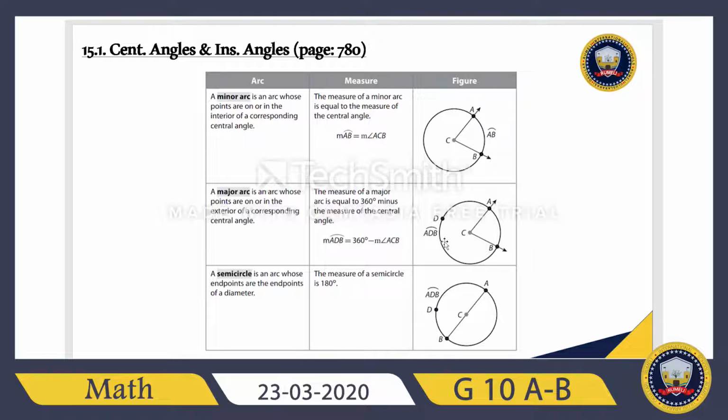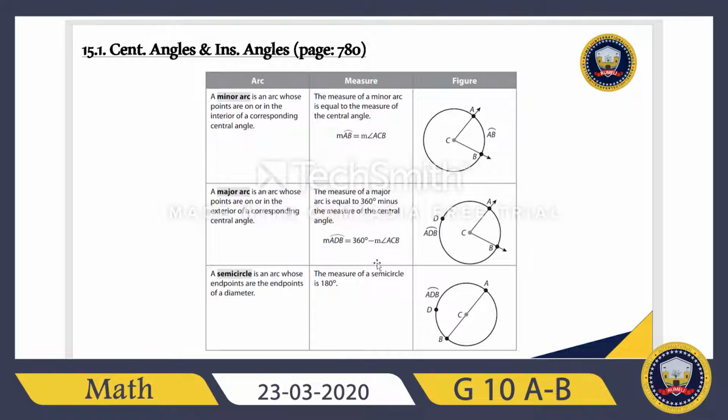So we call this big arc here major arc, when it is outside or in the exterior of my angle. So AB is minor arc, ADB is major arc. We denote it again with the same notation, so ADB with a curved line on the top.